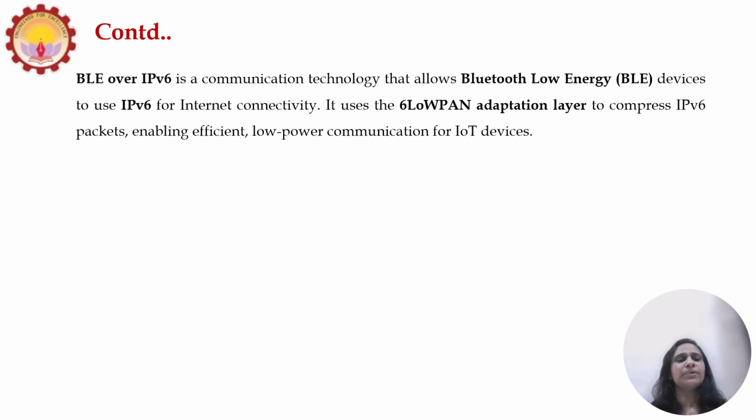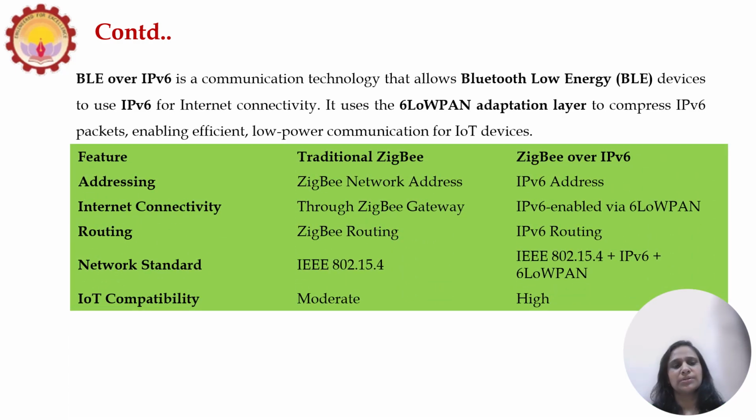So BLE over IPv6 is a communication technology that allows BLE devices to use IPv6 for internet connectivity, and it uses the 6LoWPAN adaptation layer to compress IPv6 packets, enabling efficient low power communication for IoT devices. Again here there is a comparison of traditional ZigBee versus ZigBee over IPv6 with respect to features like addressing, internet connectivity, routing, network standards, and IoT compatibility.